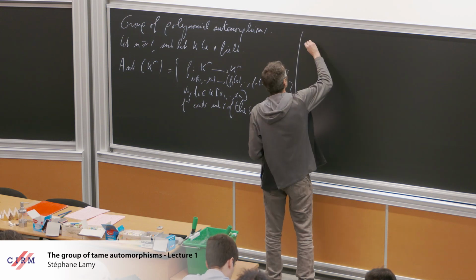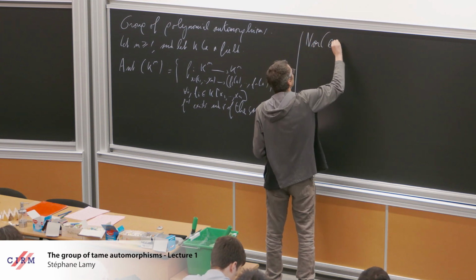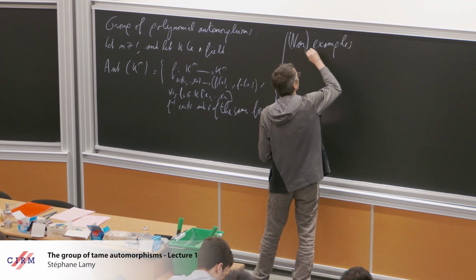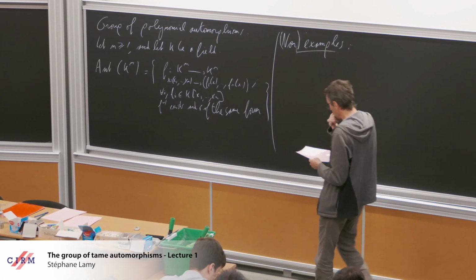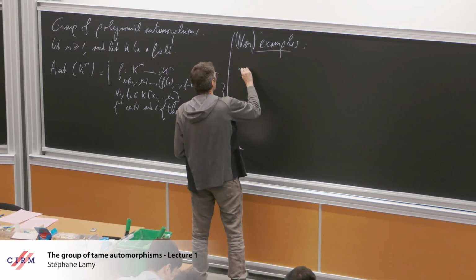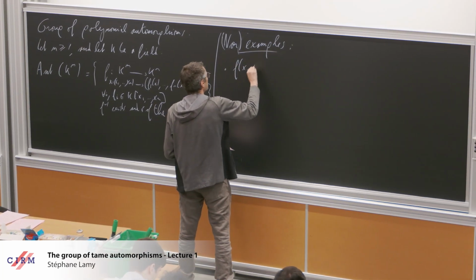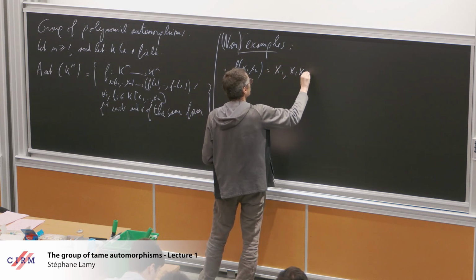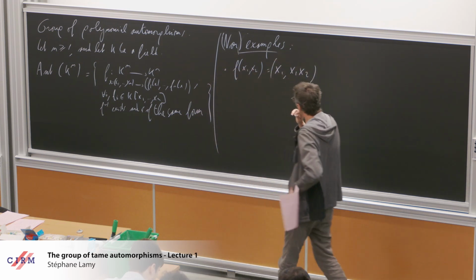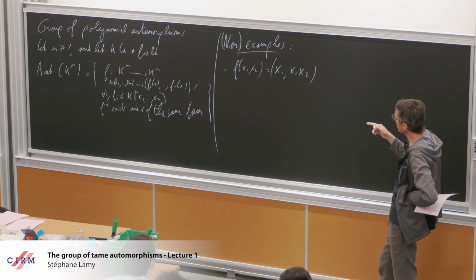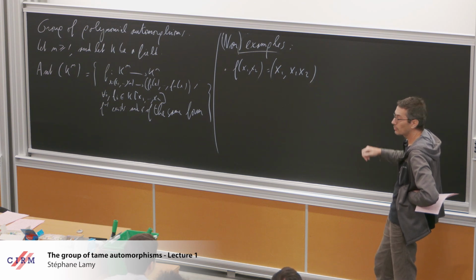So let's start with it. For instance, in dimension 2, take f(x1, x2) = (x1, x1x2). For sure, it's a polynomial map. It is invertible in some sense. It is birational. But the problem is that the inverse is rational but not polynomial.